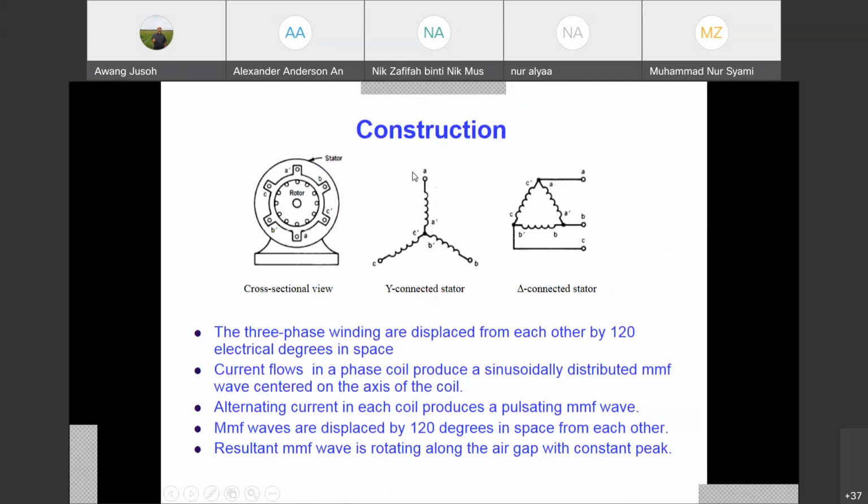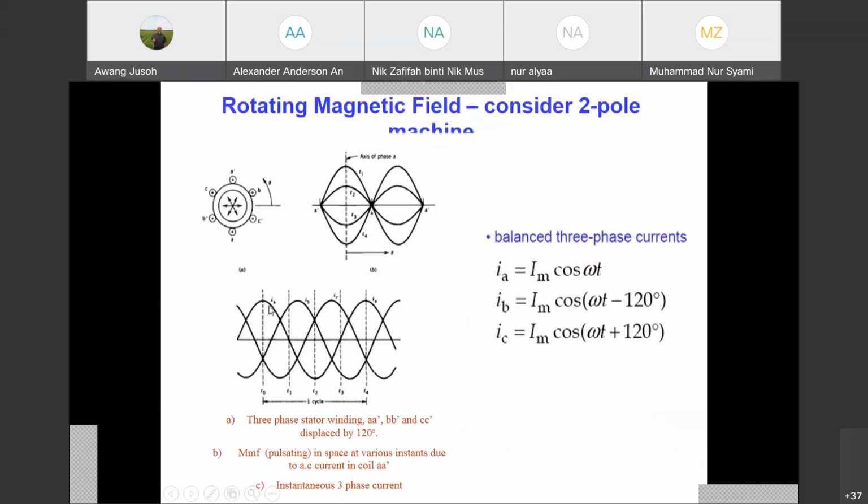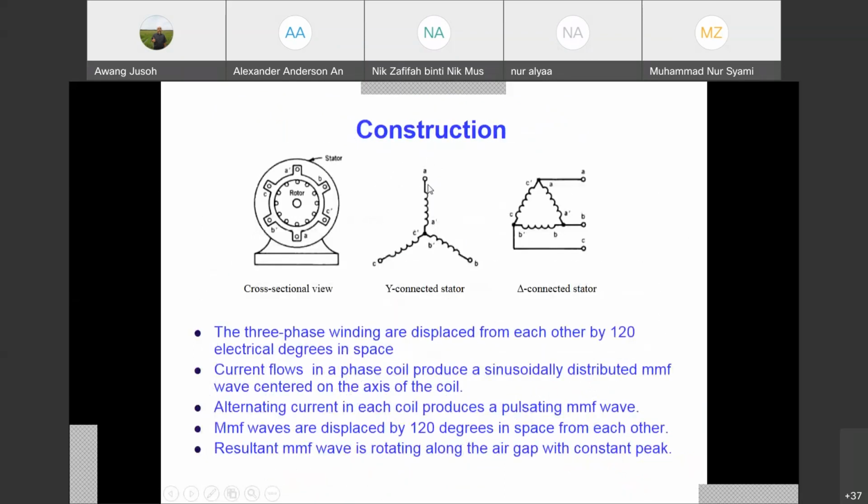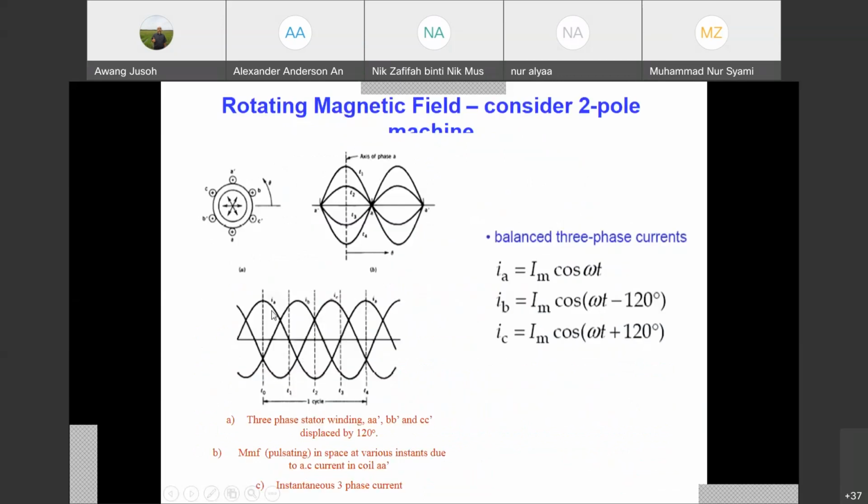Understand? A means the conductor A. If you got plus there, that means the current enters phase A and comes out from A bar. Understand? So if A is cross, A bar is dot. If you put cross there, it goes in, so A bar must be dot. That happens at T naught.